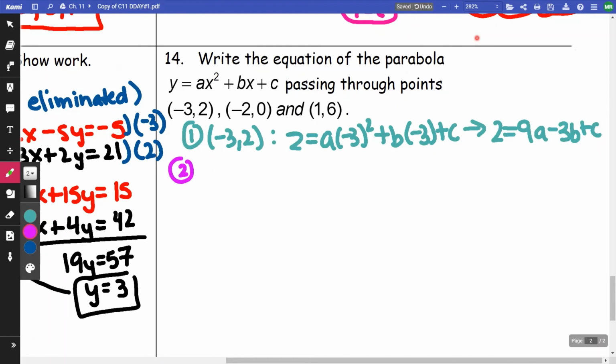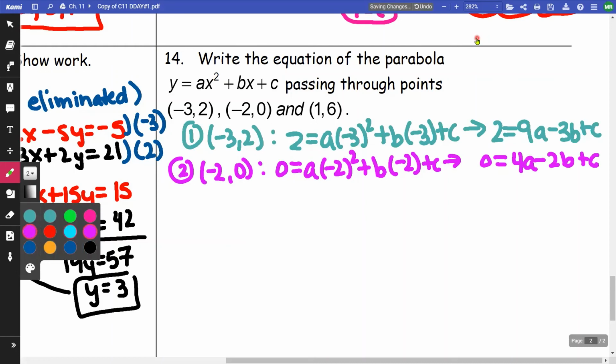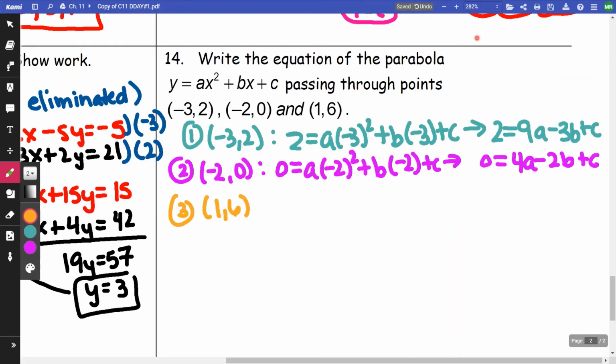Equation 2, I have a -2, 0. So I'm going to get 0 is equal to a times -2 squared plus b times -2 plus c. So I get 0 is equal to 4a minus 2b plus c. And equation 3, I have a 1, 6.